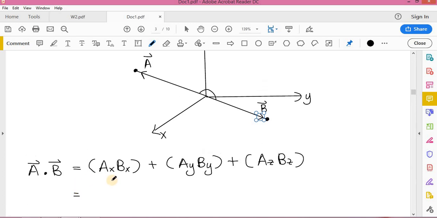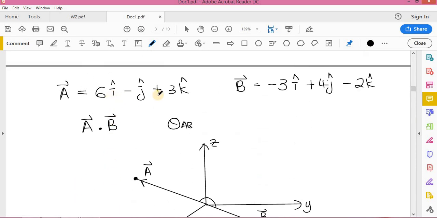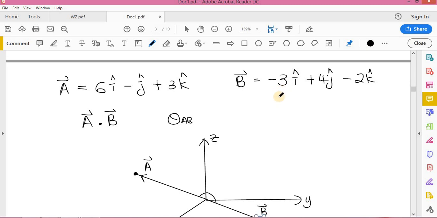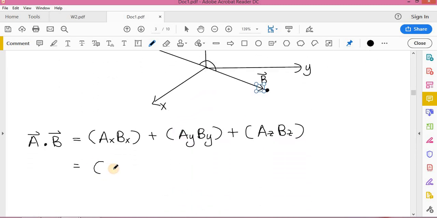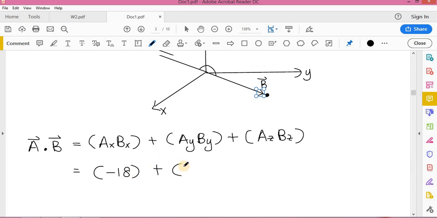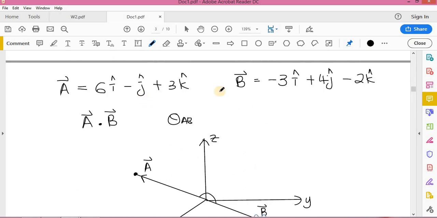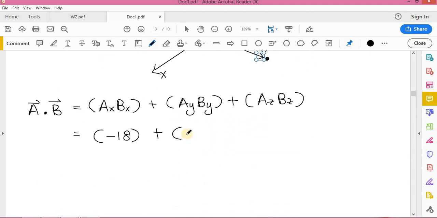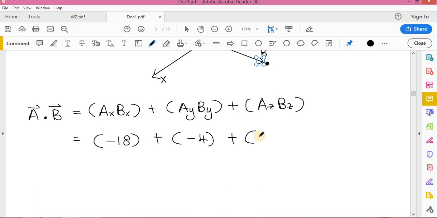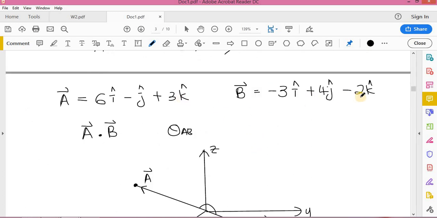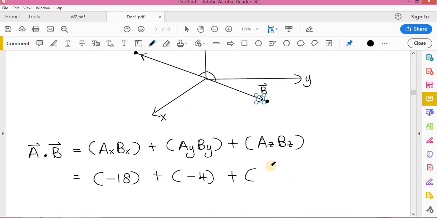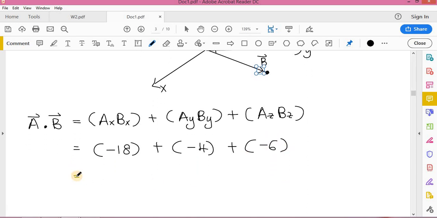So let's try to calculate for this question. You have 6 multiplied with negative 3, and for the y, negative 1 times 4. For the z, 3 times negative 2. So your answer will be negative 28.